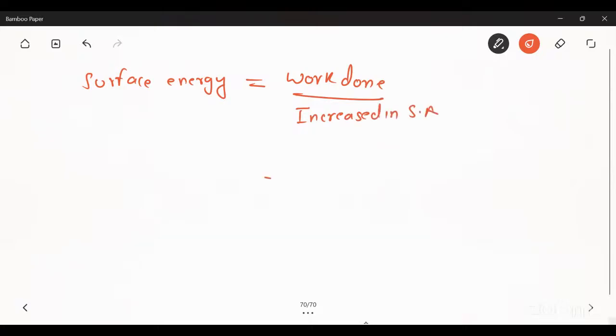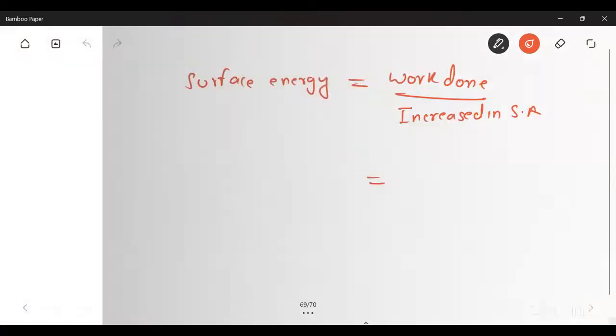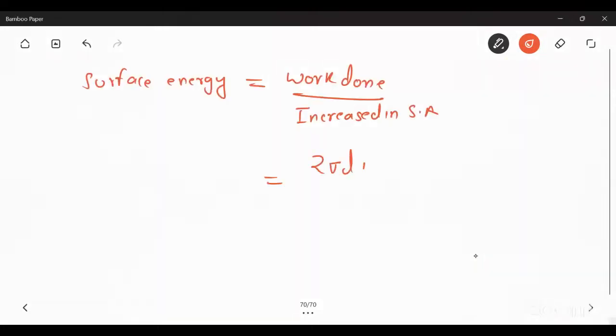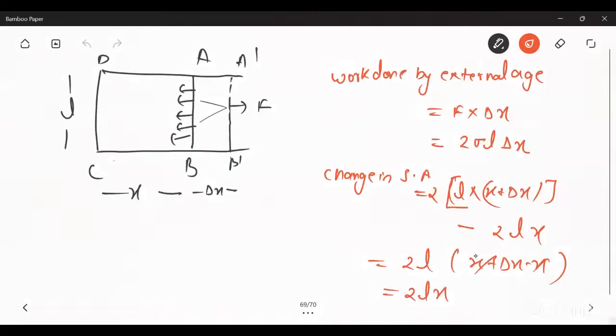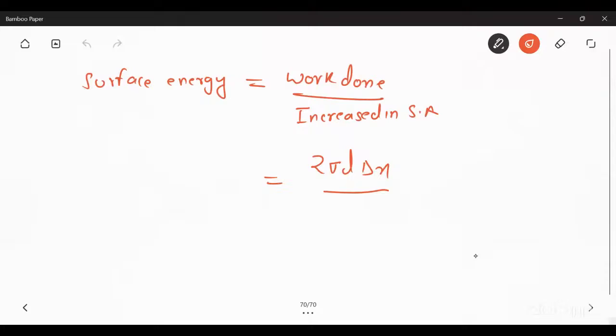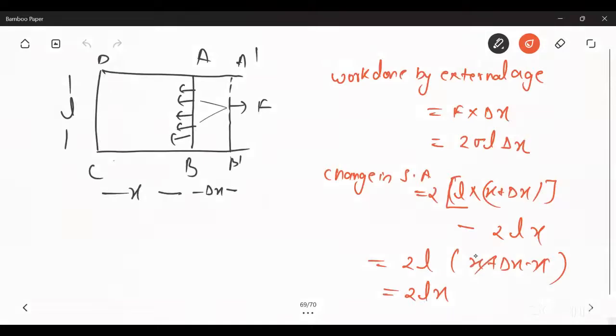The work done is 2 sigma L delta x, and the increase in surface area is 2L delta x.